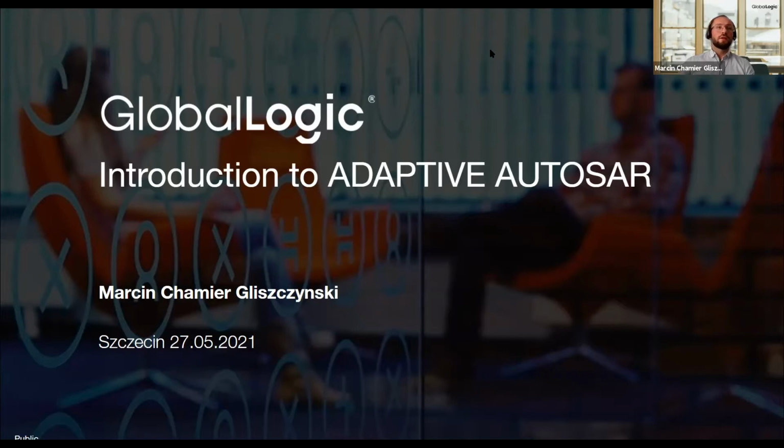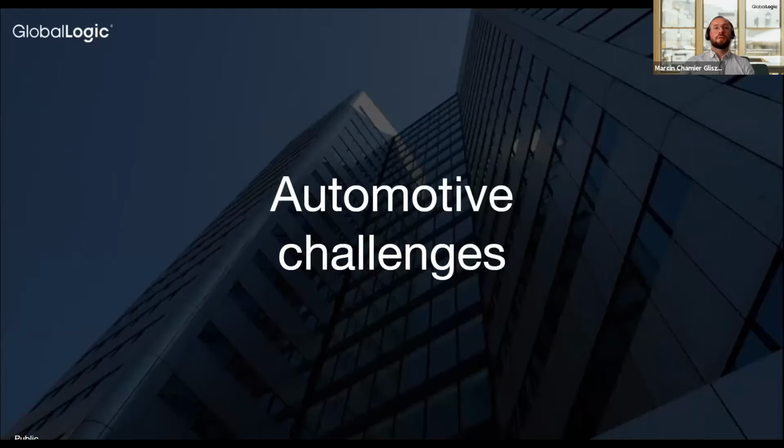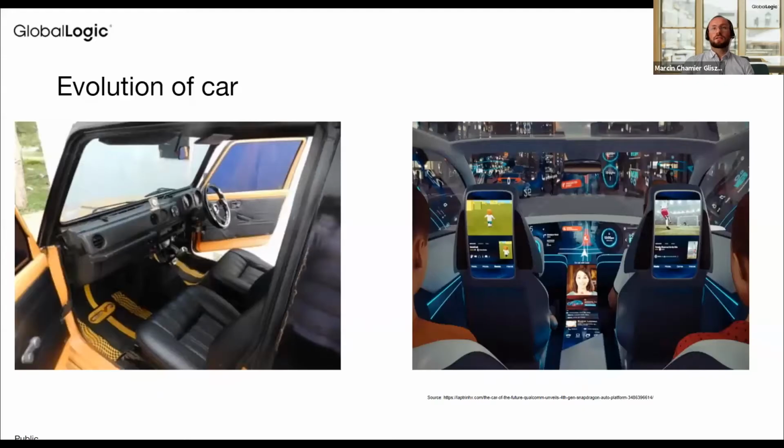So let's start. Before we go to AUTOSAR adaptive, we have to understand the challenges which the automotive industry faces on its way. Today's cars have changed a lot from their beginning. In the beginning, we had 4 wheels and a radio.